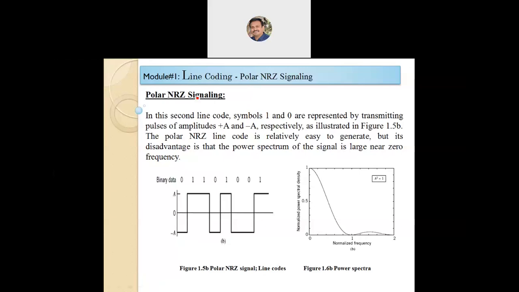You can observe here the 0 has amplitude minus A, and all ones are represented by amplitude plus A. Here also the signal does not have normalized power density 0 at 0 frequency.